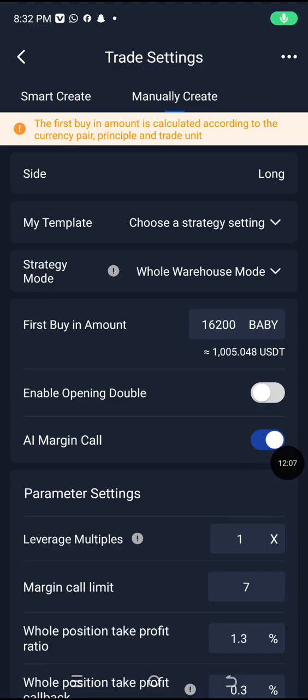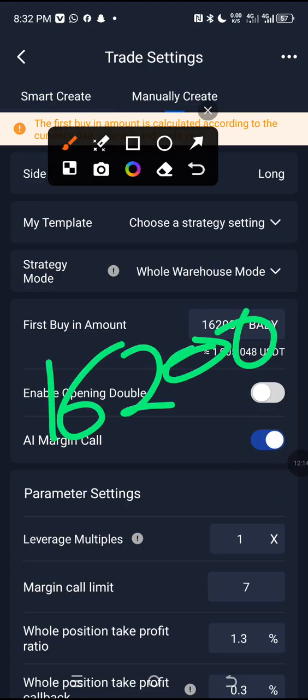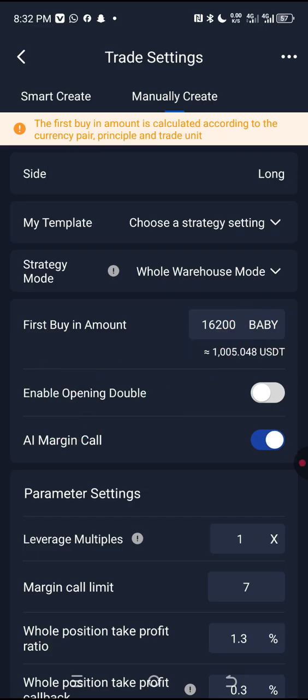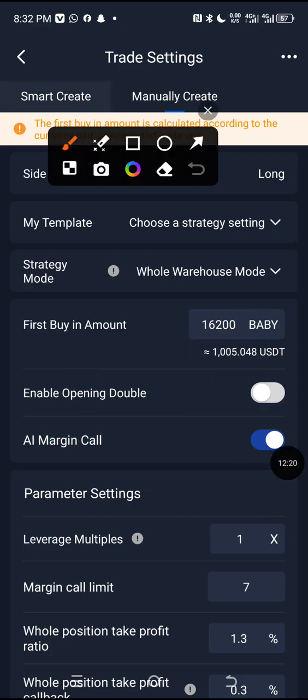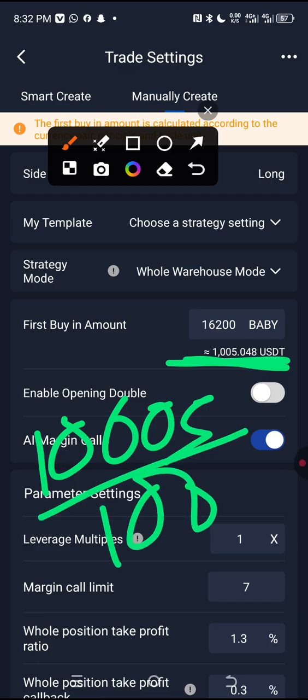So this 16,200, if I divide it by 10, my leverage, you're going to realize that I'm getting 100. Sorry, if you get this amount here, the one down is the USDT my bot is going to invest.